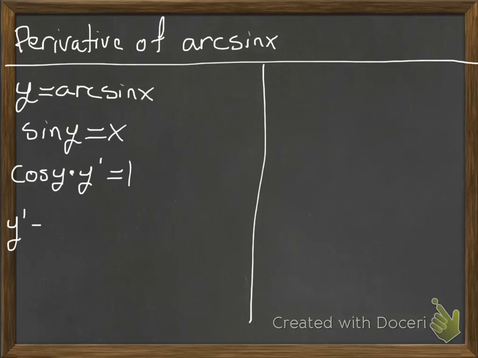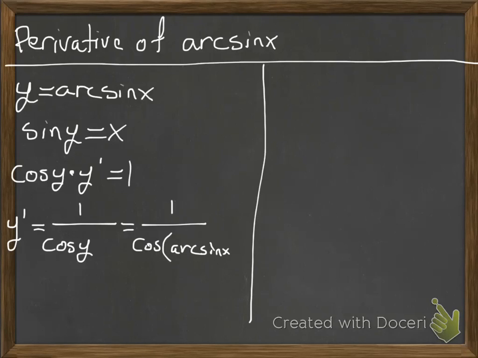We're going to divide both sides by cosine of y, and the y is arcsine of x. And what we're going to do is we're going to draw ourselves a right triangle. So what the sine function does is it takes an angle and it gives you a ratio of sides of a triangle. The inverse does the opposite. It takes the ratio of the sides of a triangle and it gives you the angle.